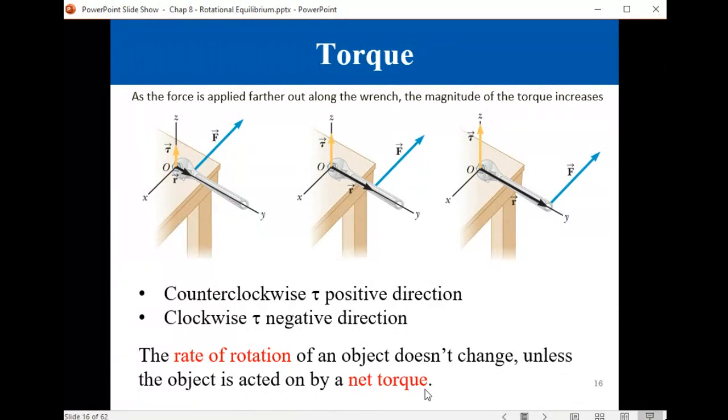Just like in translational motion, the object will not change its velocity unless we act on the object with a net external force. The same story holds for rotational motion: the rotational acceleration will not change unless we have a net external torque acting.